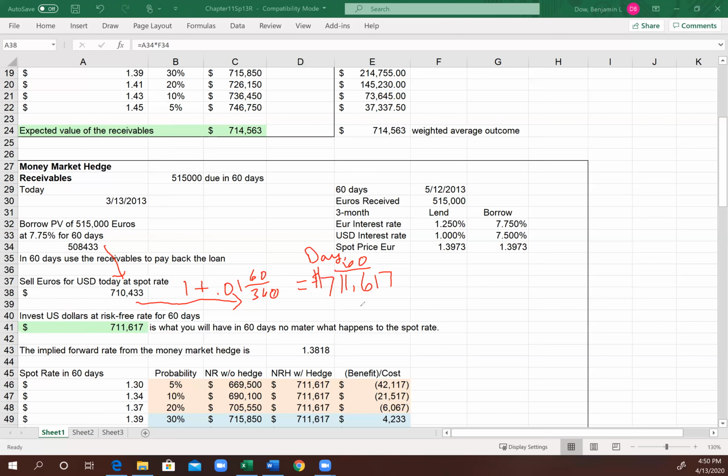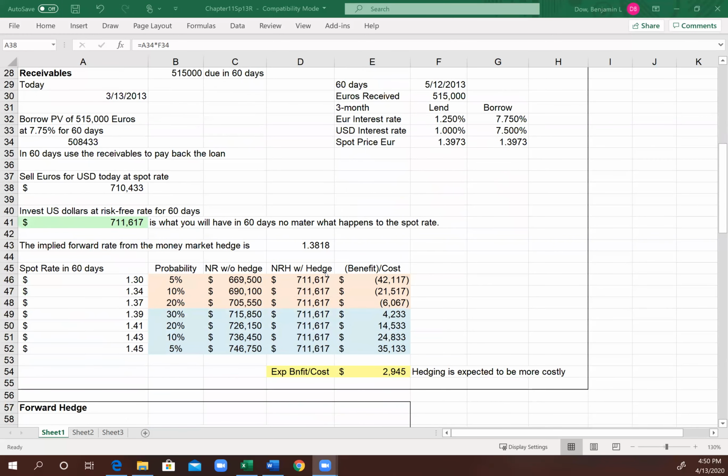So basically what the money market hedge does is it takes our accounts receivables, which has a lot of risk associated with it, and it converts it into US dollars that are known with certainty on day 60.